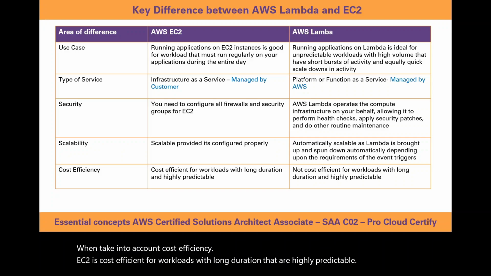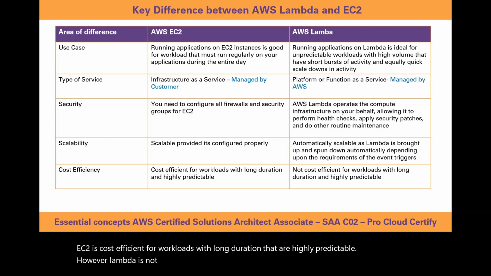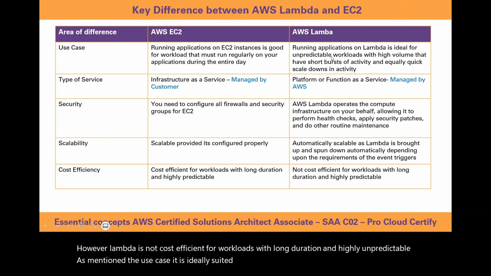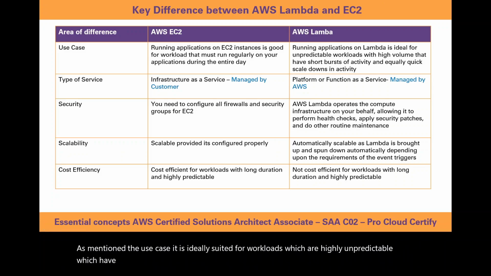However, AWS Lambda is not cost efficient for workloads with long duration and highly predictable. As mentioned in the use case, it is ideally suited for workloads which are highly unpredictable, which have high volume and sudden spikes of activity, and also need to be scaled down quickly at the same time.